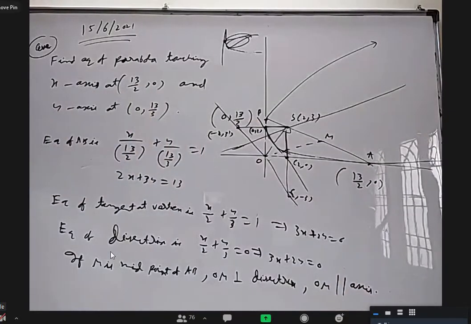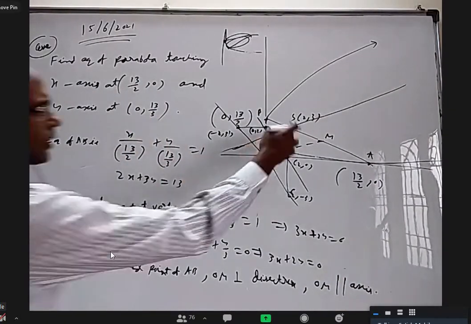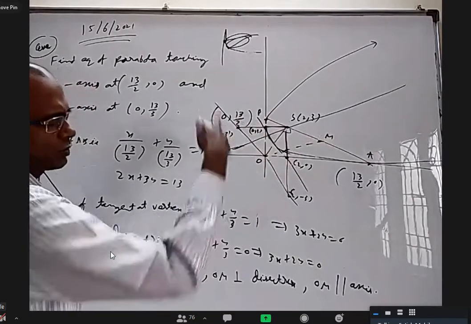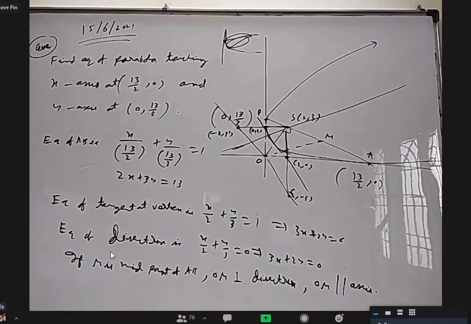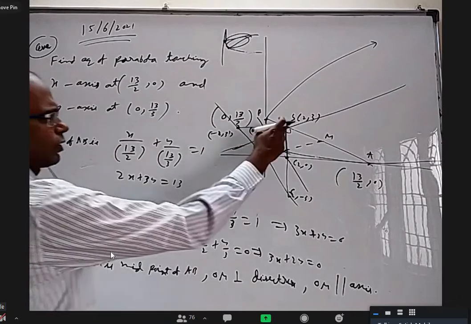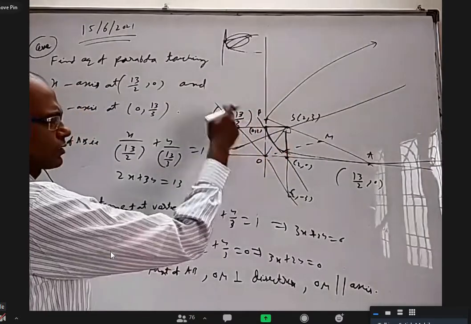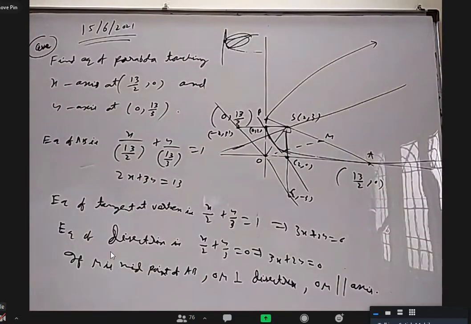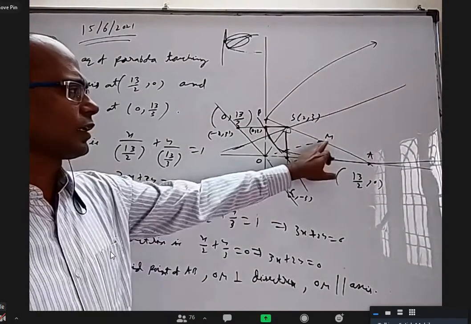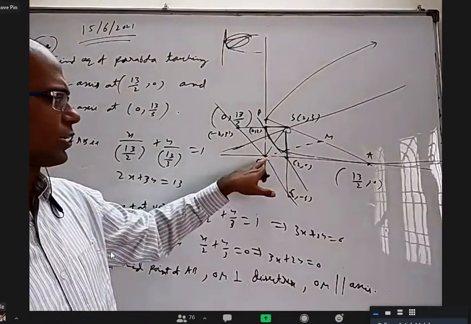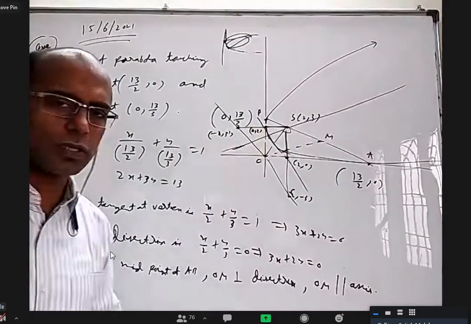Both are the same. From that also you can find the midpoint, find this slope, and then you know this slope. So the foot of the focus on any tangent lies on the tangent at the vertex. The image with respect to any tangent lies on the directrix. And we can also take the midpoint of any chord and join to the point from which tangents are drawn, that is parallel to the axis. From that also the slope will come.